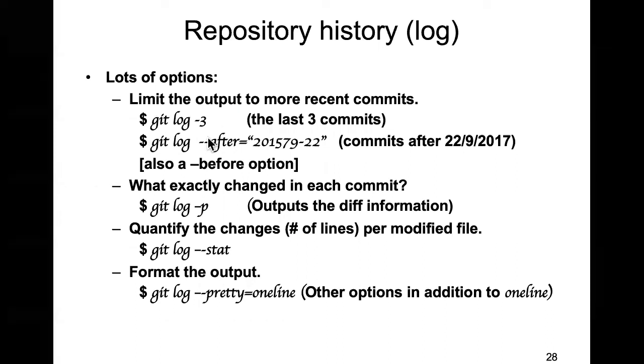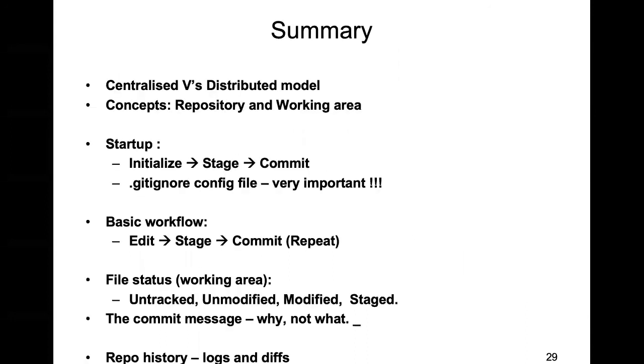So you can do things like say, give me a report on the repository between certain dates or after a certain date. So there's a lot of flexibility built into it. It's a very good kind of search tool available to you. Right, that's the summary.